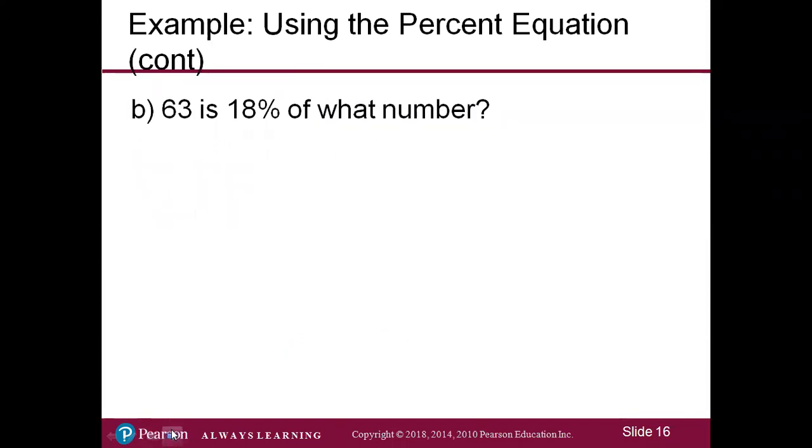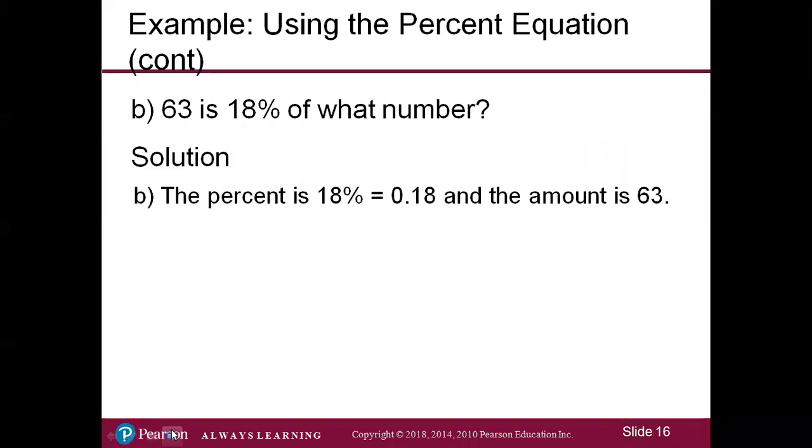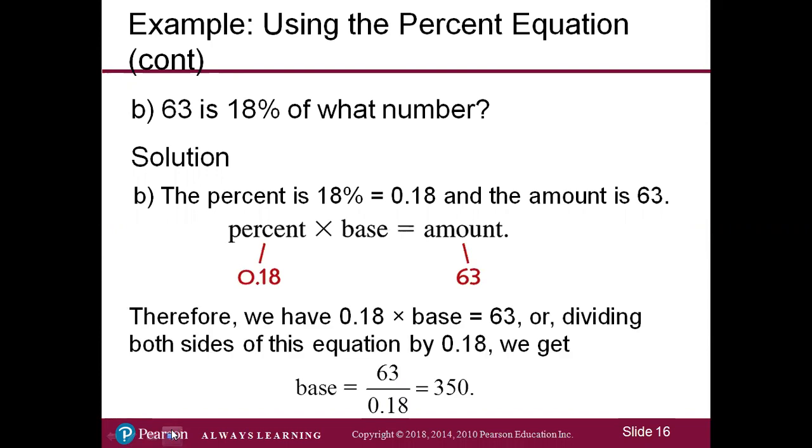63 is 18% of what number? Solution. The percent is 18%, which is 0.18, and the amount is 63. Percent times base equals amount. So we have 0.18 times some number equals 63.